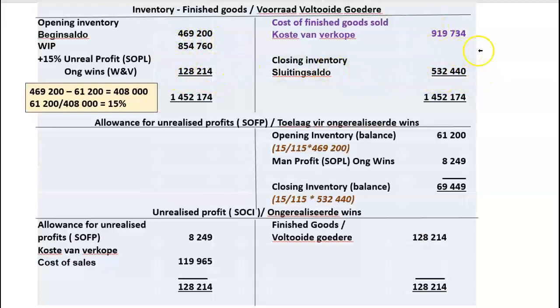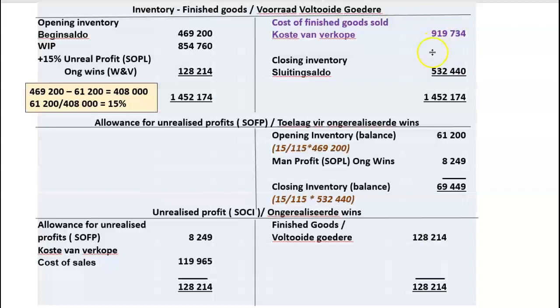So that cost of sales, it's a balancing figure, will also include unrealized profit. But firstly, remember that means we have to adjust our cost of sales at the end of the year to show the actual cost price of goods sold in the income statement, not the blown up cost of sales.